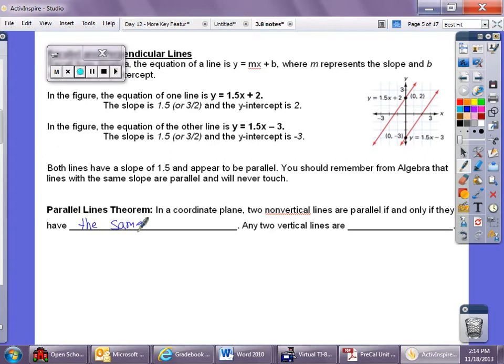Parallel lines have the same slope, and any two vertical lines are parallel. Vertical lines have an undefined slope, so that's why it's any non-vertical lines. So any two lines that have the same slope are parallel lines.